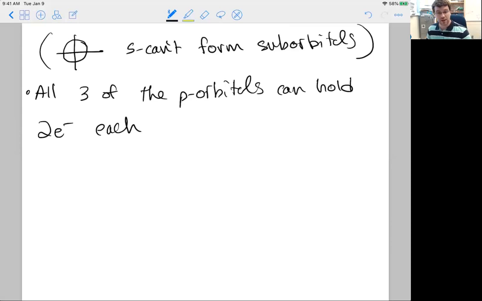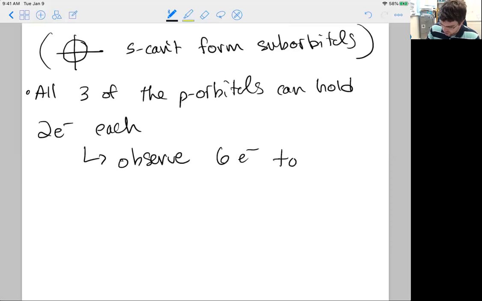So we can put 2 in the px, 2 in the py, and then 2 in the pz. Or we can say that we observe 6 electrons total in p orbitals. Now, why is that?